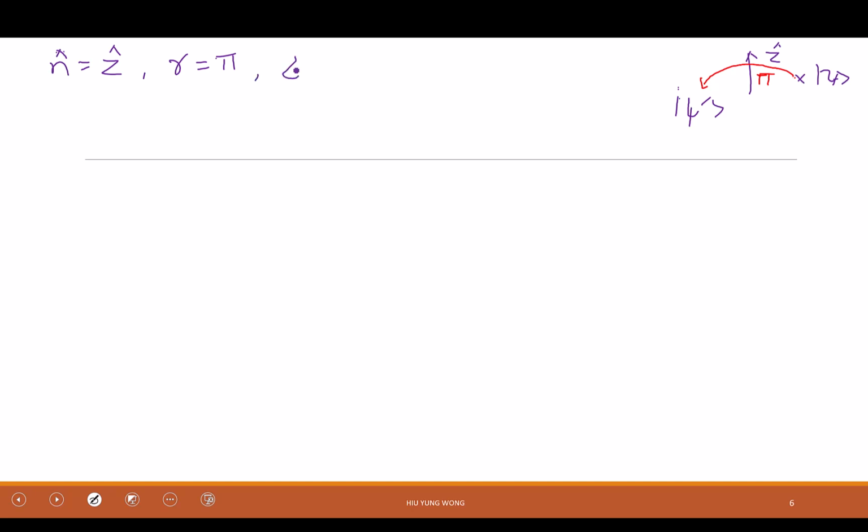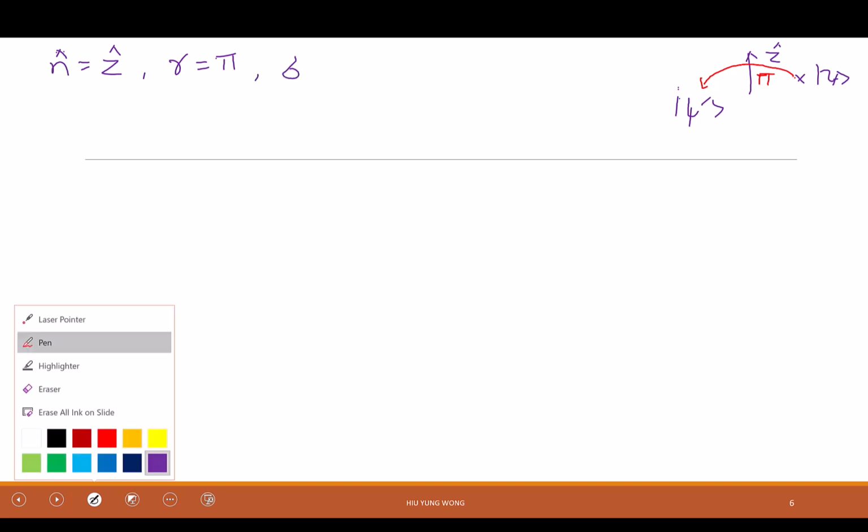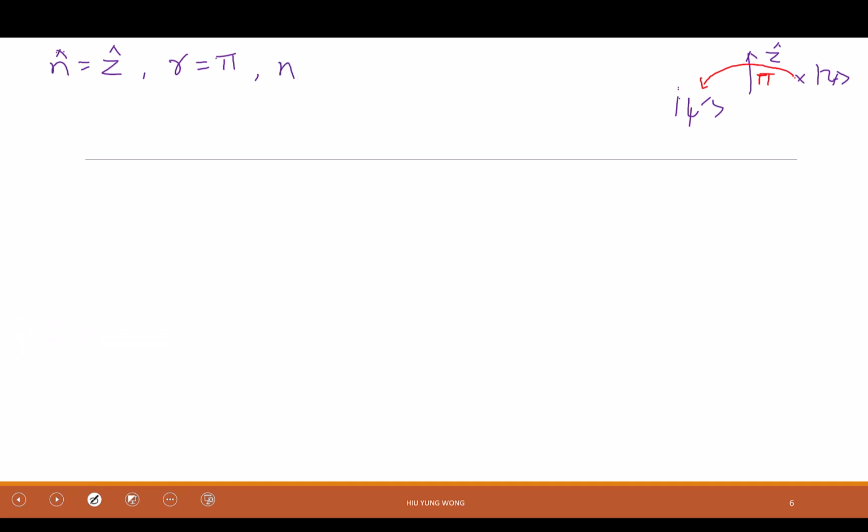Then what is n dot sigma in this case, if n hat equals z hat? First of all, do you have x and y components? If they don't have, then sigma x and sigma y are not there, right?